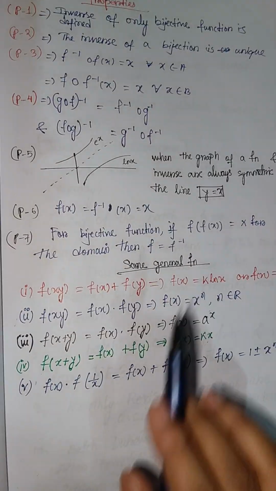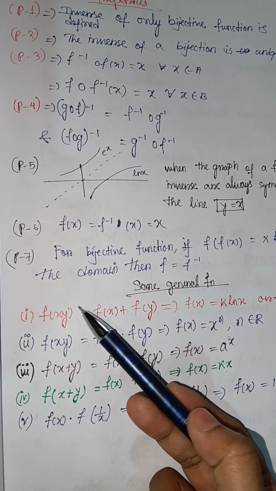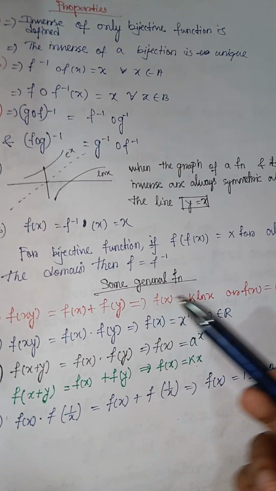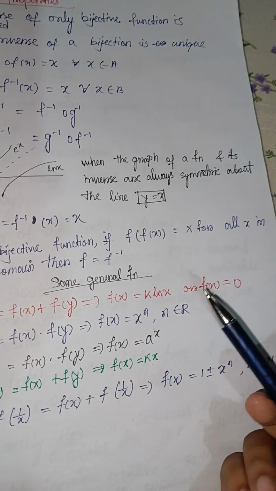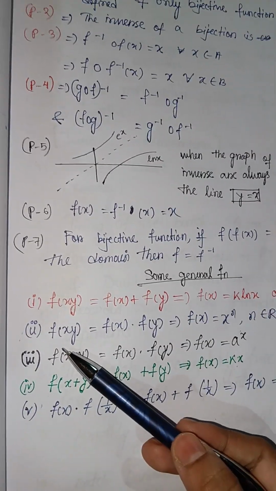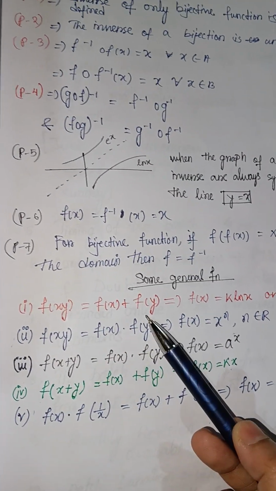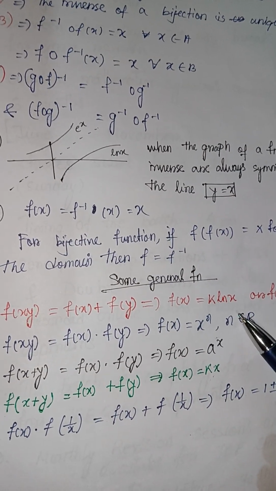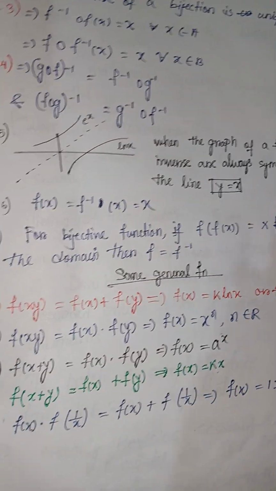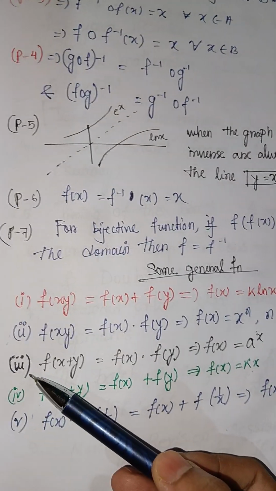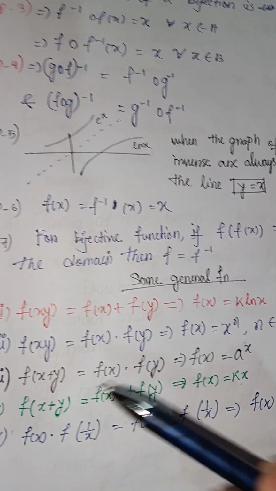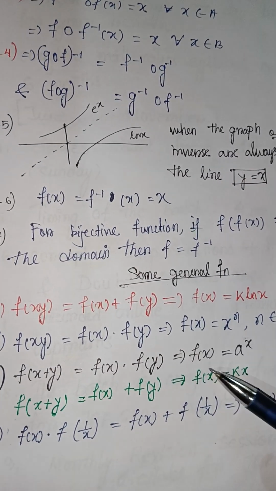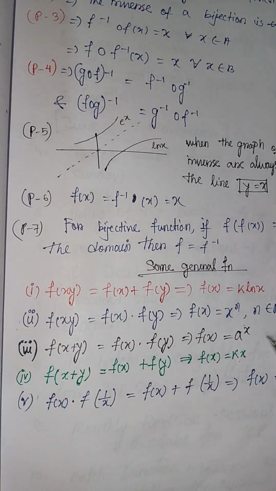So there are some general functions. Like f of xy is equal to f of x plus f of y, that is f of x is equal to k ln x, or f of x is equal to 0. Next, f of xy is equal to f of x dot f of y, that is f of x is equal to x to the power n, where n belongs to R, real numbers. Next, number 3, f of x plus y is equal to f of x dot f of y, that is f of x is equal to a to the power x.